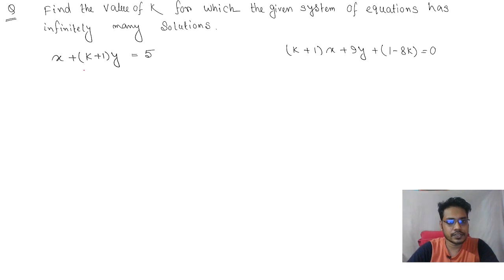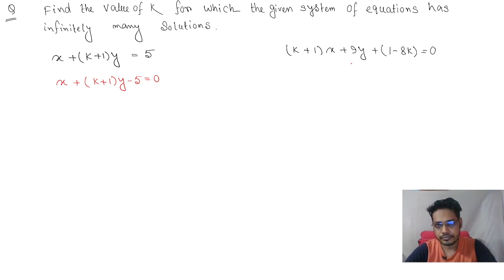So first we can write this as x plus (k plus 1) into y minus 5 is equal to 0. In the second equation, it is already in this form, so it is not required to change anything.